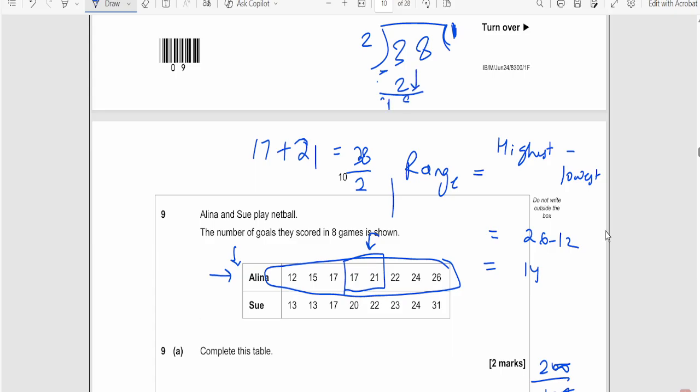Then put 8 down, that's 8, not 4. 18 divided by 2 is 9. So the answer is 19, right? So the median for this is 19, okay?